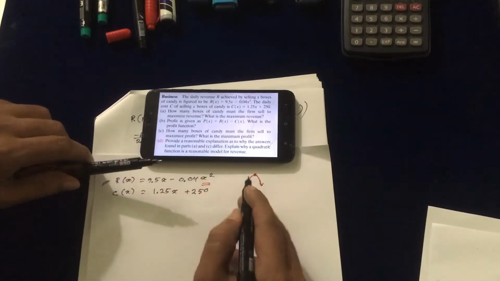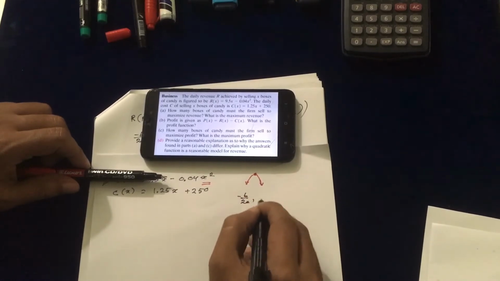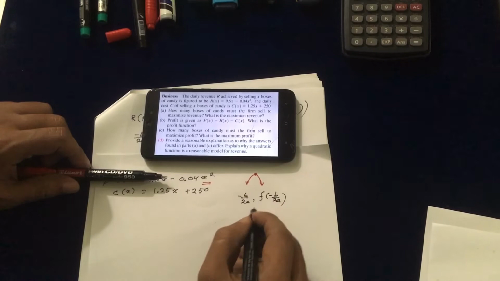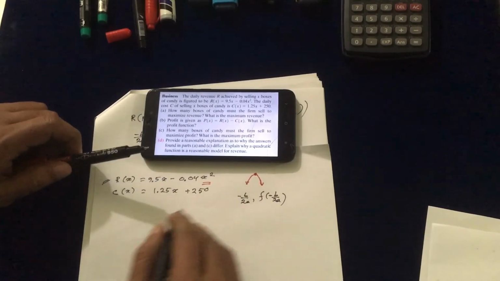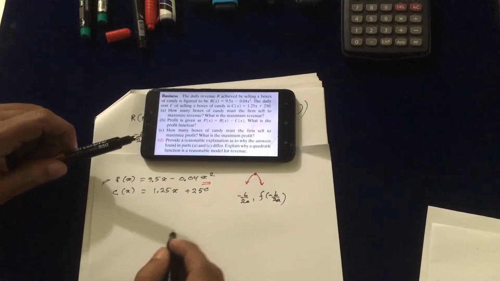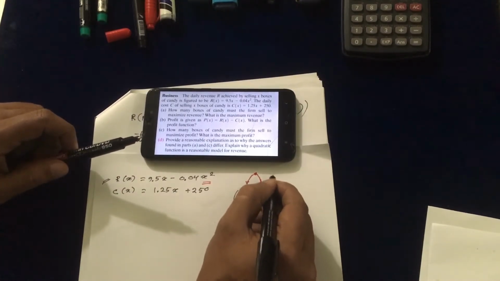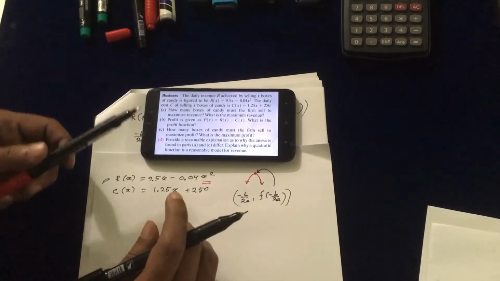The formula for the vertex of a parabola is minus b by twice a comma f of minus b by twice a. That means we will first find minus b by twice a, then we will put it in the function. We will get the y value of the vertex. This is the formula from the standard form.